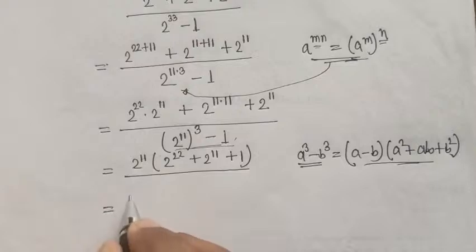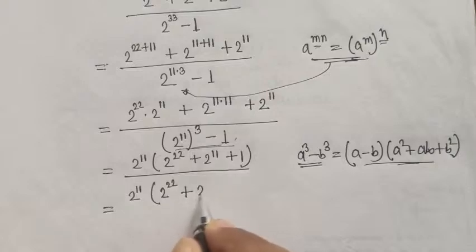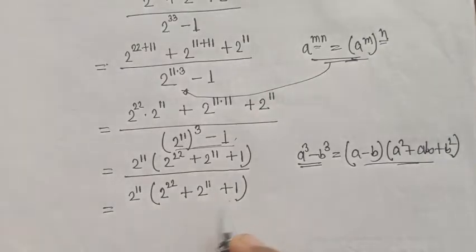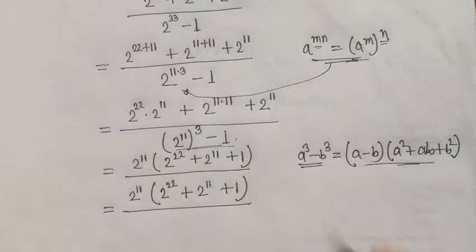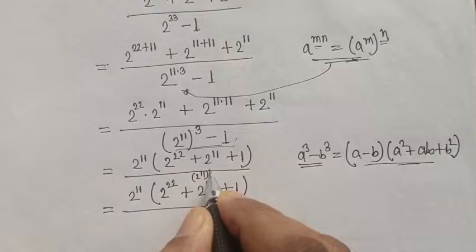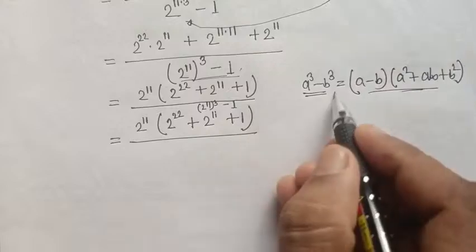So if we apply this, we get 2 to the power 11, 2 to the power 22 plus 2 to the power 11 plus 1 by, sorry, we forgot to write here 2 to the power 11 to the power cube minus 1. Sorry for that. Okay, so now we are applying this formula here.